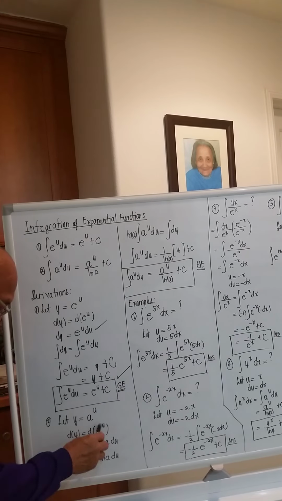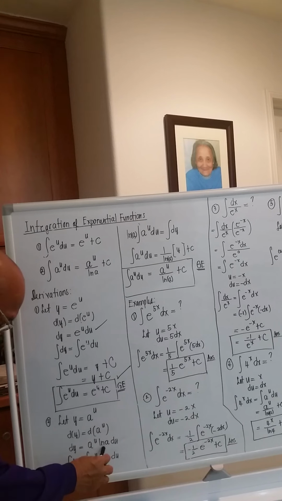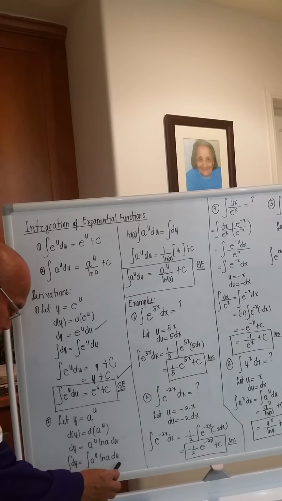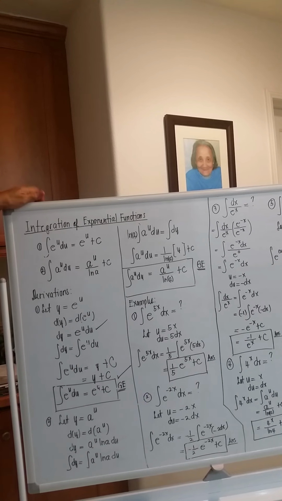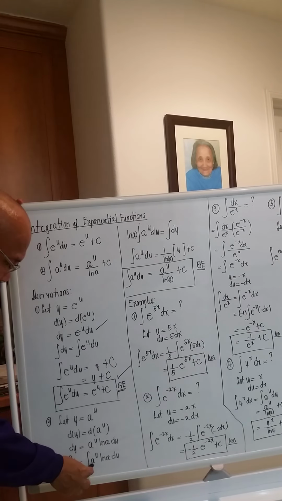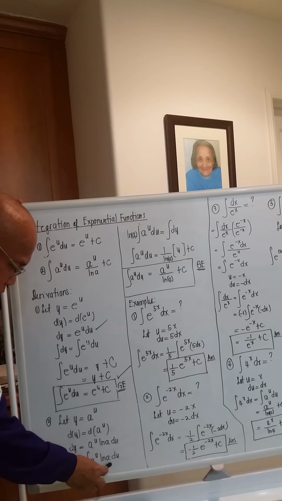It is a to the u times the natural logarithm of a times du. That's differential calculus, right? Then take the integral of both sides. The integral of dy equals the integral of a to the u, natural logarithm of a, times du. This a here is a constant, so the natural logarithm of a is a constant.